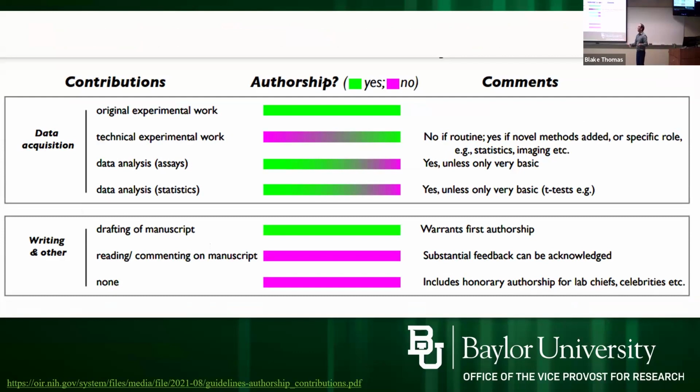Probably not. But it just depends. If they have to do a lot of genotyping, well, maybe they should, right? If it's really complicated, like triple knockout, and they have to do 100 samples every other week, that's probably enough to be co-authors. It just depends on what they fit.